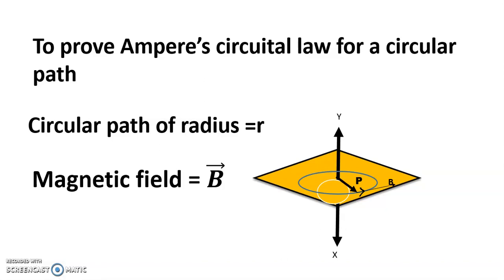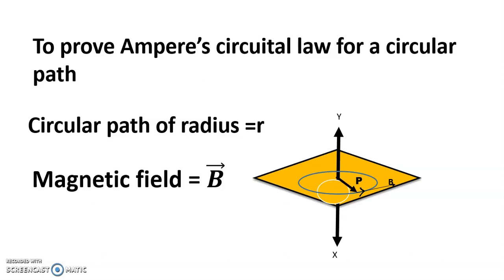According to the right hand thumb rule, the direction of the magnetic field at point P is along the tangent to the circular path. The magnetic field is tangent to the circular path at that point.